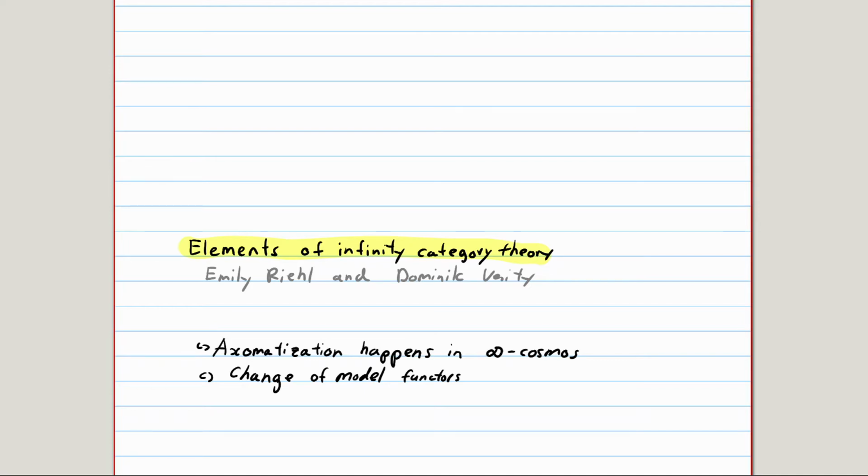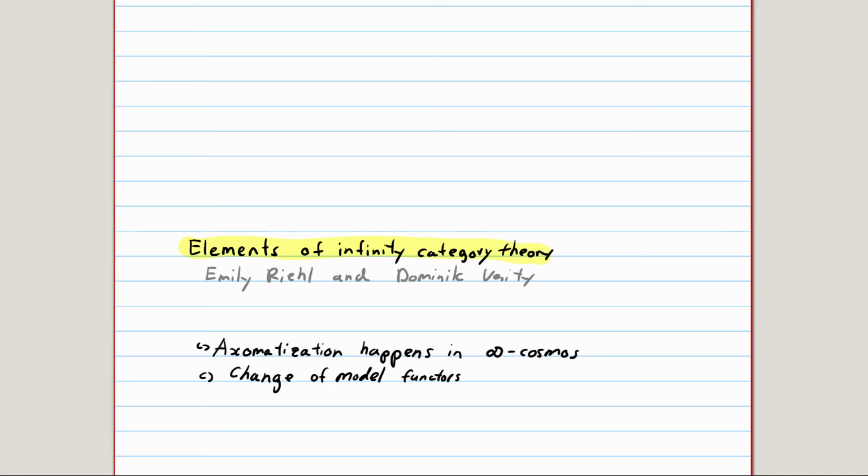Maybe if you've heard about topoi before, a topos is some context in which you can do set theory, and a cosmos is some setting in which you can do category theory. So an infinity-cosmos is a setting in which we can do infinity-category theory. That seems really promising.